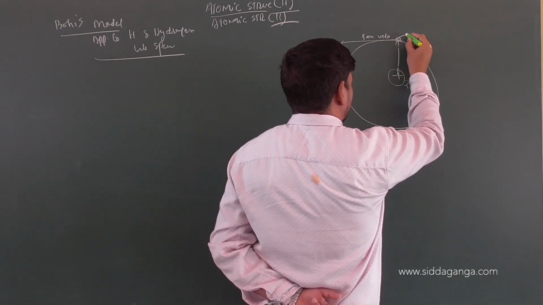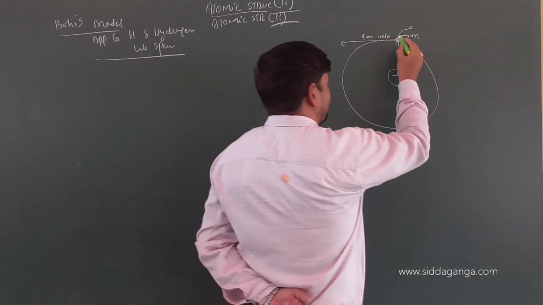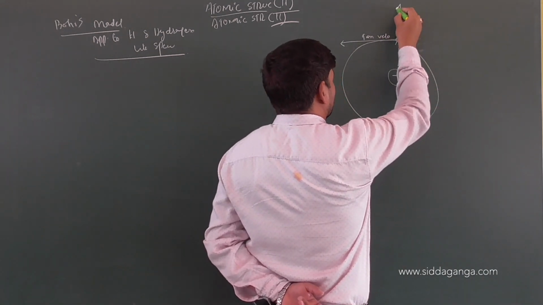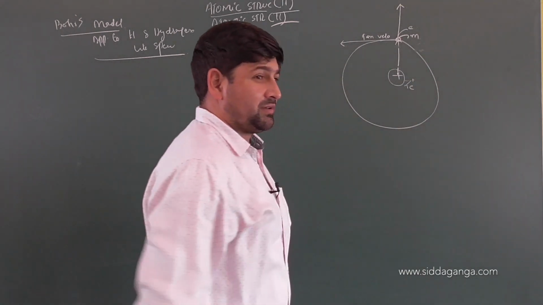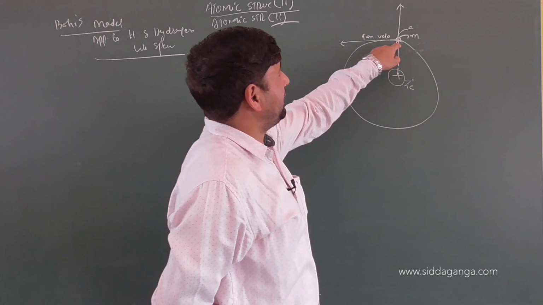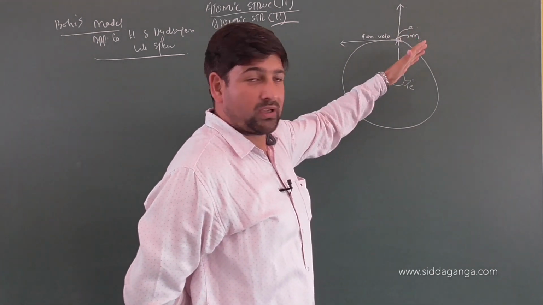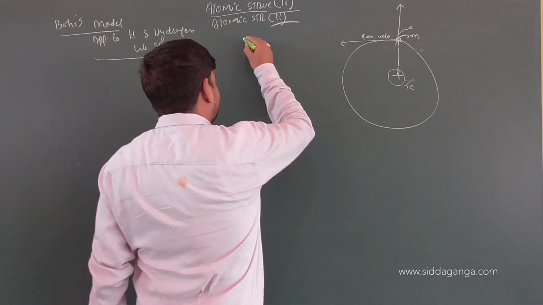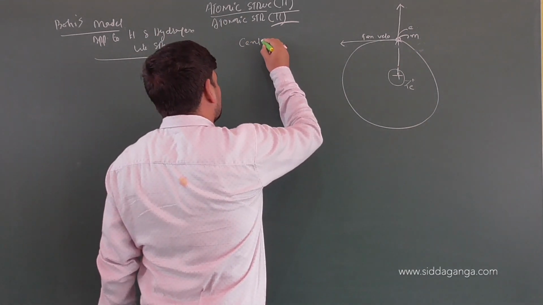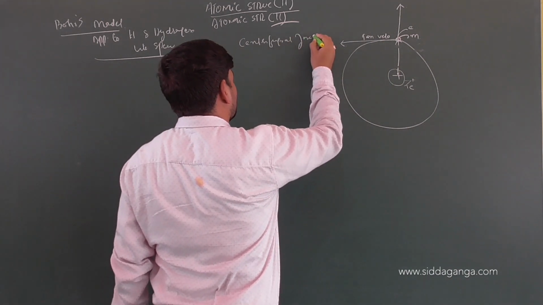So we have an electron with mass m, charge of the electron is e, and there is a force working on it. The force which is trying to take the electron away from the nucleus, an outward force, we call centrifugal force.